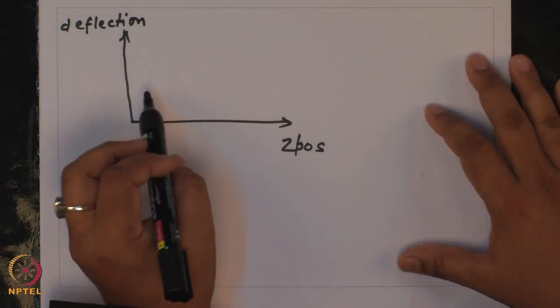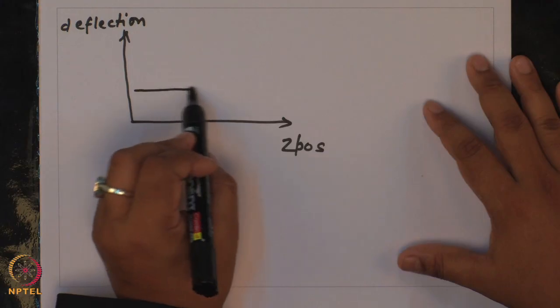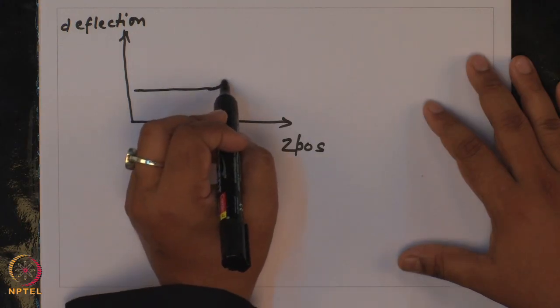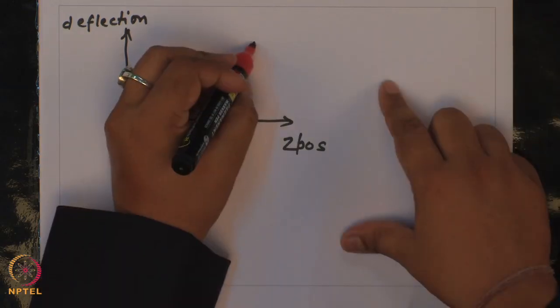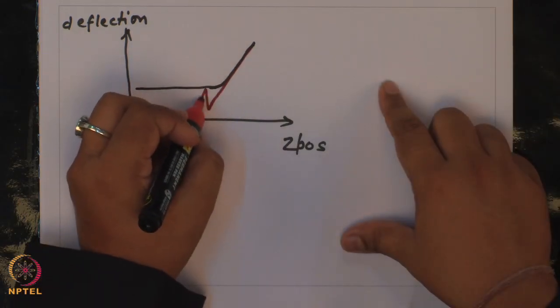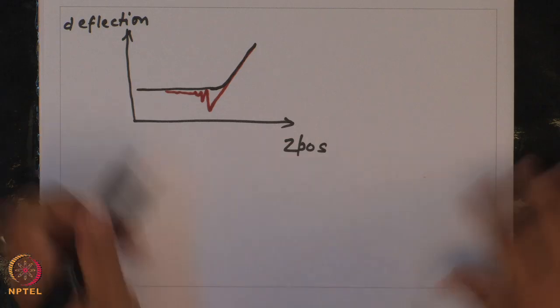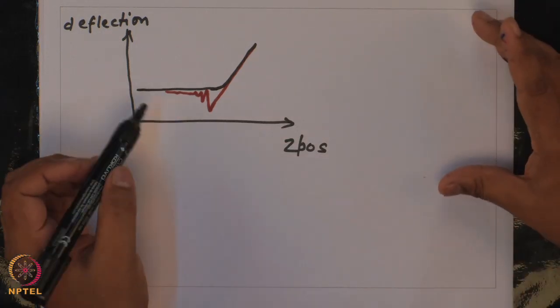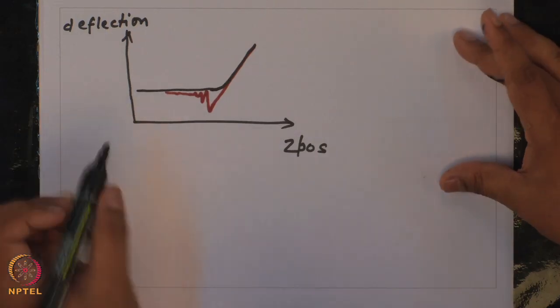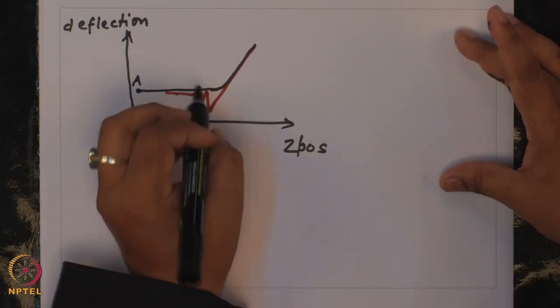So, you generate a curve that you get as raw data from an AFM experiment. Let me label some points.